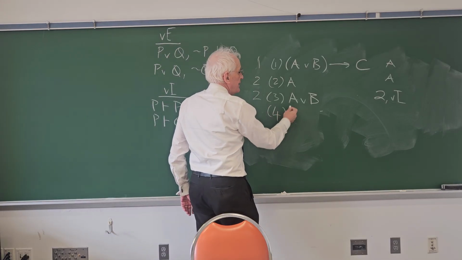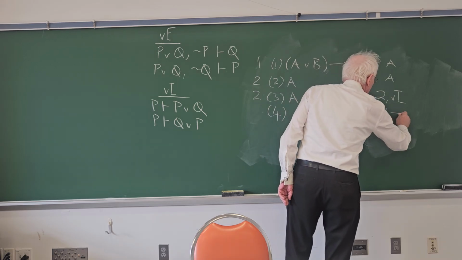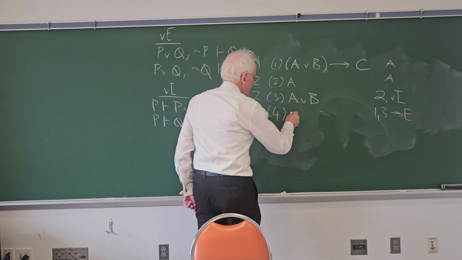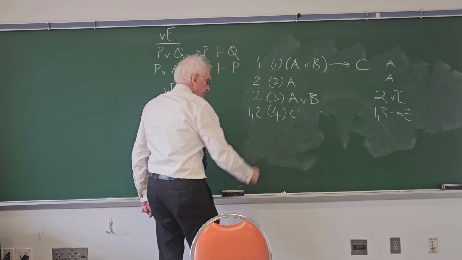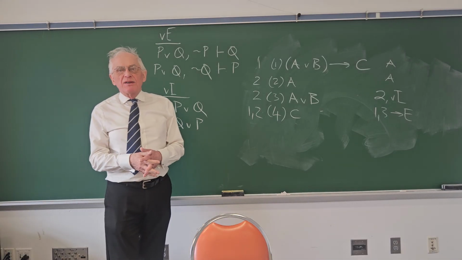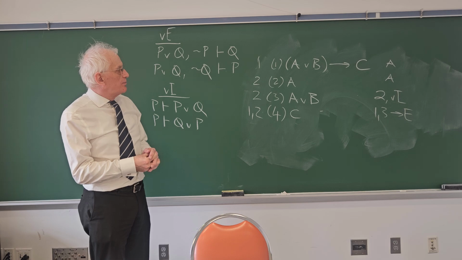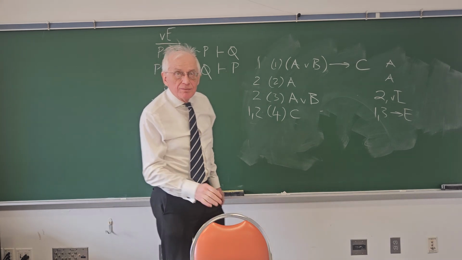And then because either A or B is the antecedent of the conditional, we can do arrow elimination, modus ponens, 1, 3, and that gives us the consequent of the conditional. There are other places where we use wedge introduction, particularly in theorem proofs, and we'll get to those in a little while.